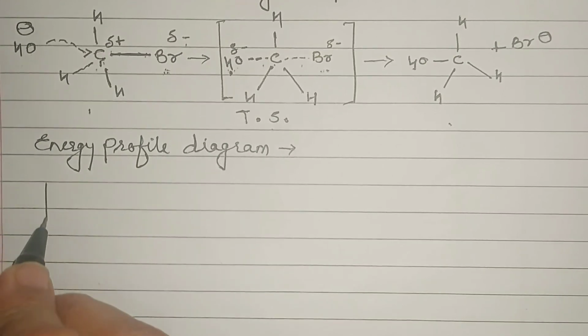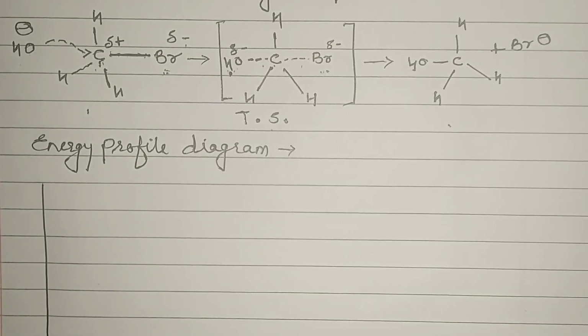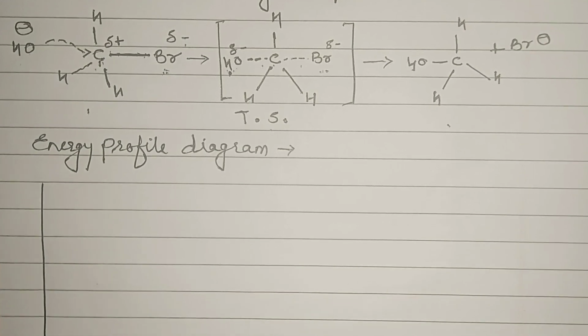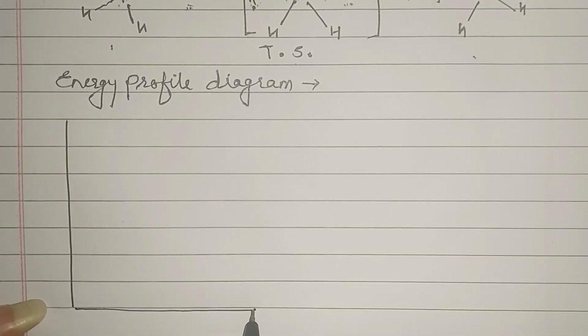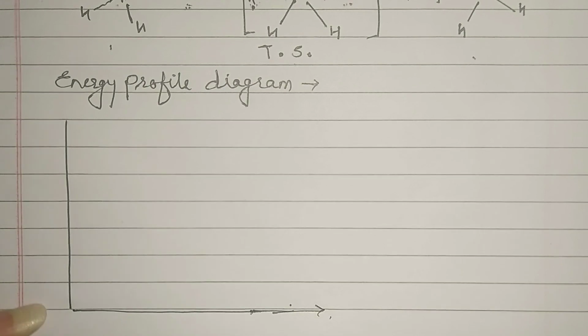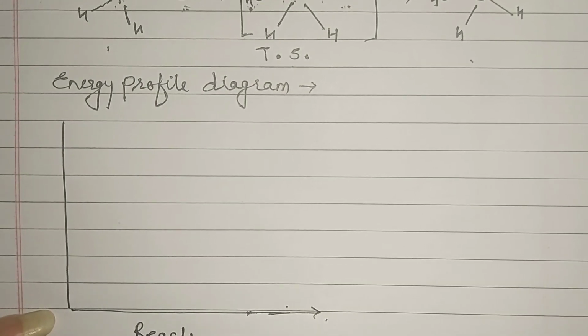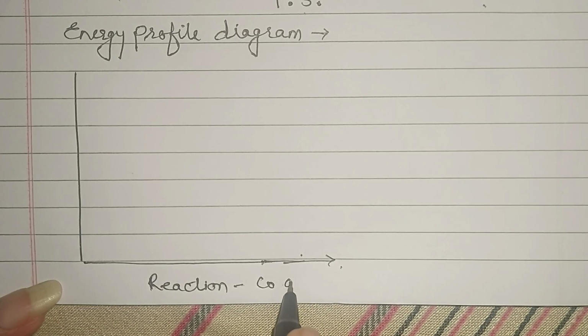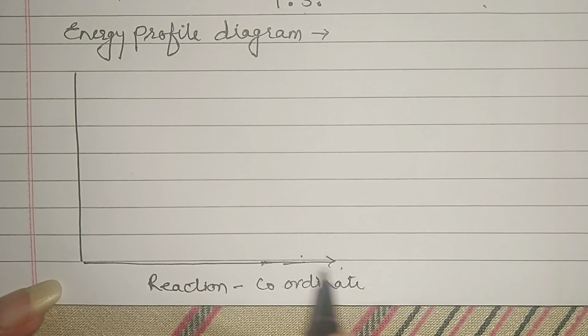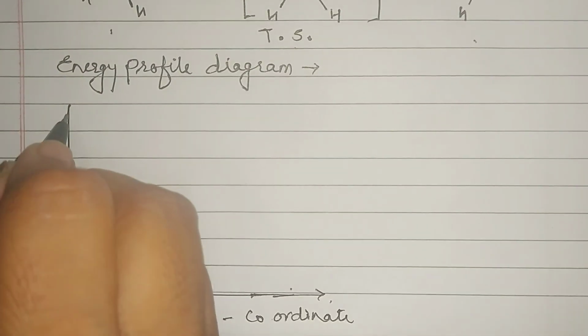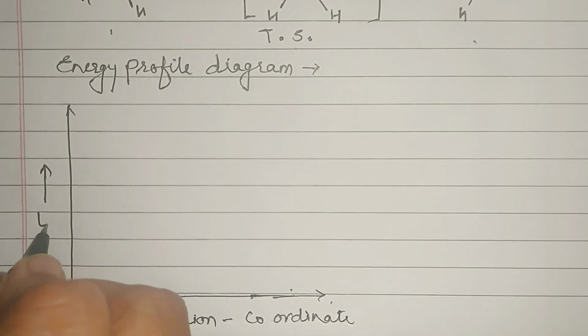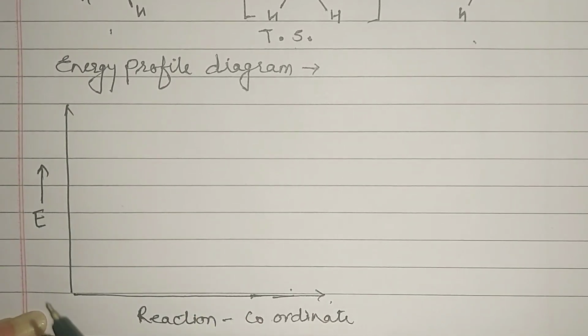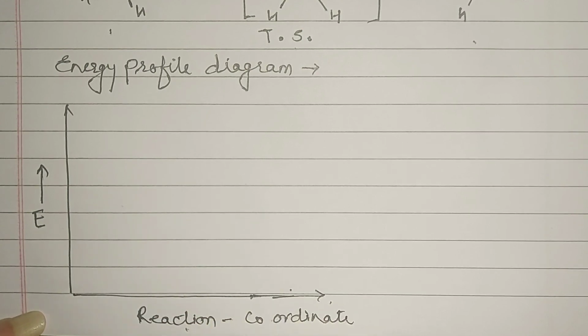Now we will draw the energy profile diagram. This is the reaction coordinate, and here is energy. The reaction coordinate shows the progress of the reaction.